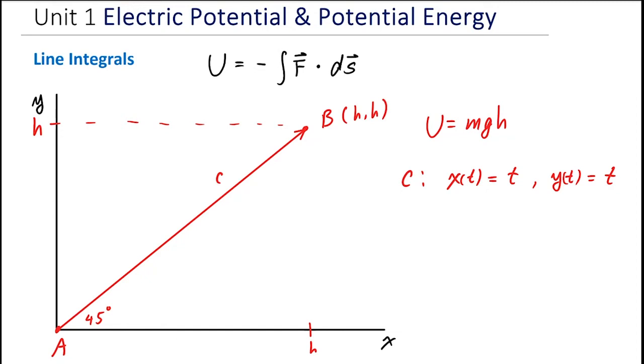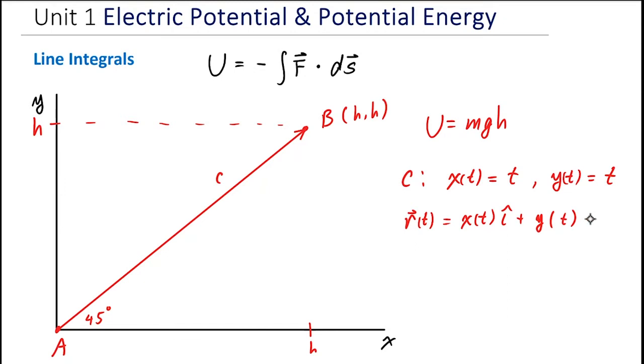Okay, then let me introduce a vector function to those who have never seen it. Vector function r is just this parametric equation: x, i vector, plus your parametric y, they are both functions of t, j vector.